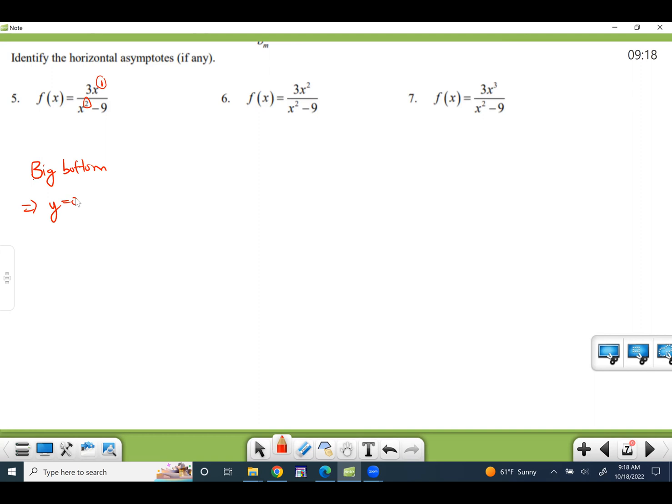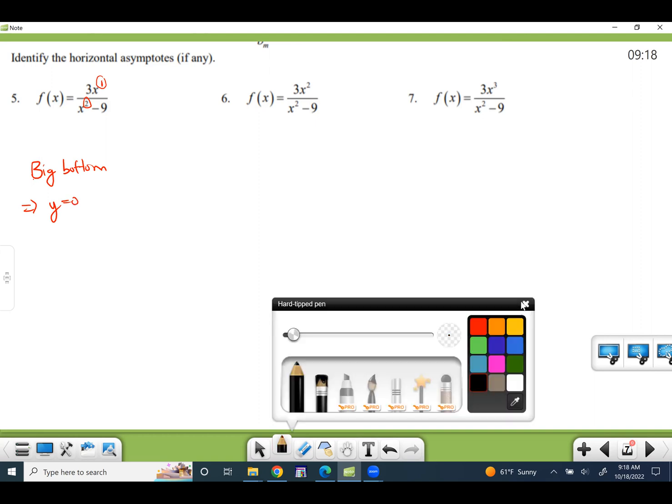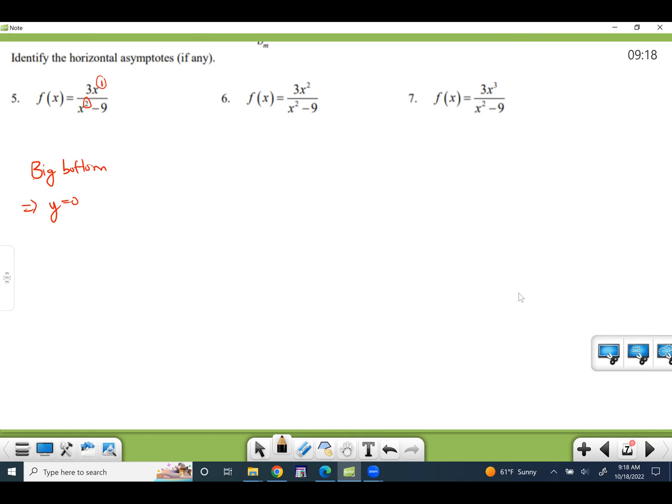The way I like to remember that, and this is kind of why it is that way, let's say the bottom of a fraction is really big. Let's say you got like a trillion. Over that. If you cut a pizza into a trillion pieces and you gave somebody one trillionth, these would be the tiniest pieces ever.